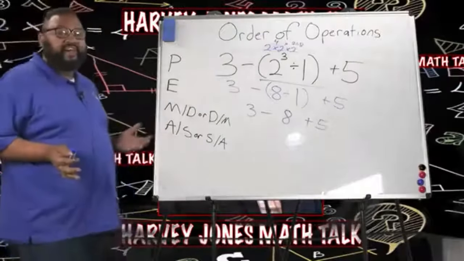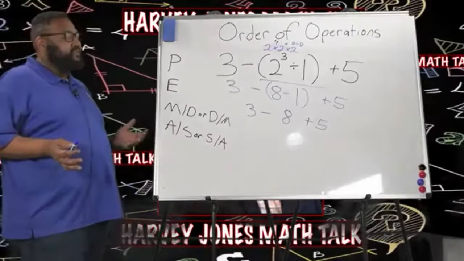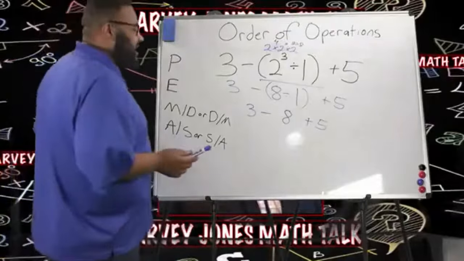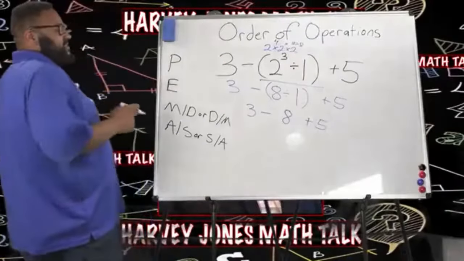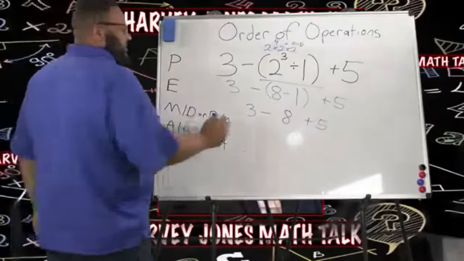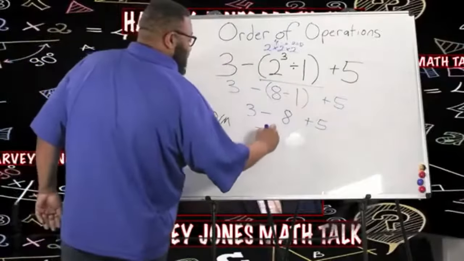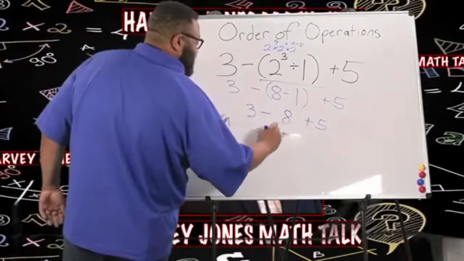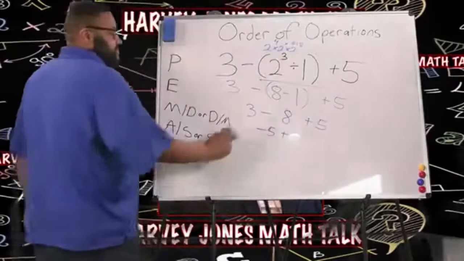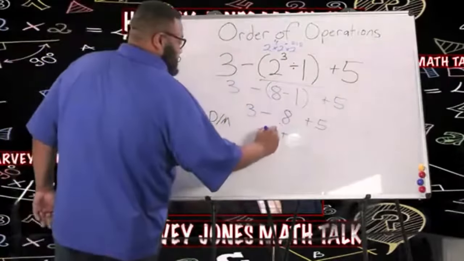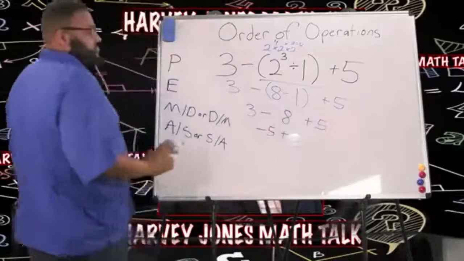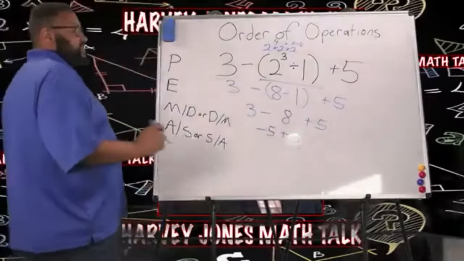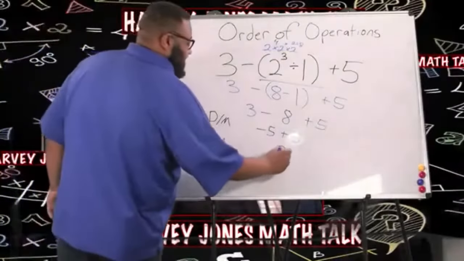It happens sometimes. So right now, I got 3 minus 8, which should be, oh wow, a negative 5 plus 5. And negative 5 plus 5 is going to give us a 0.